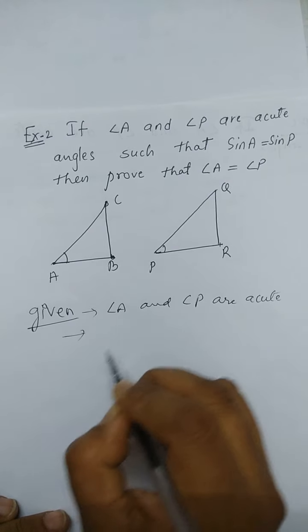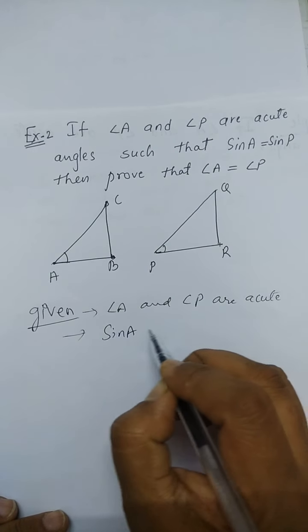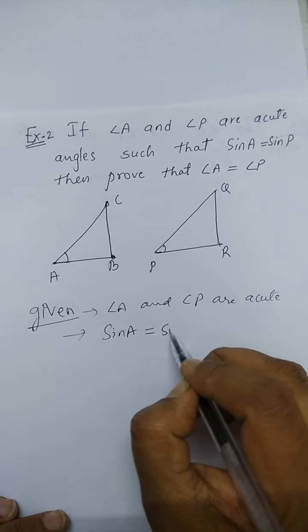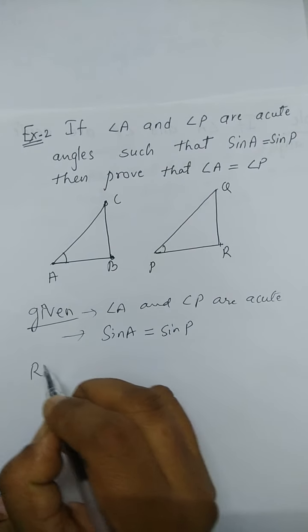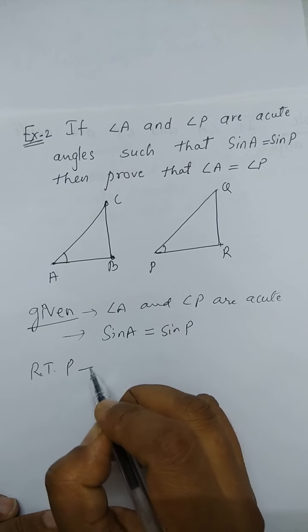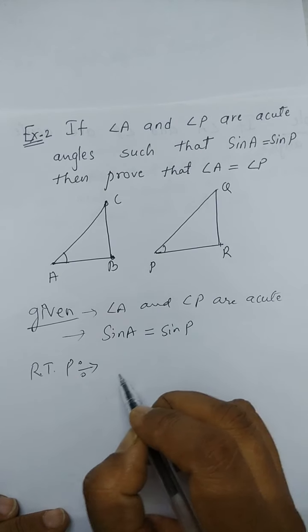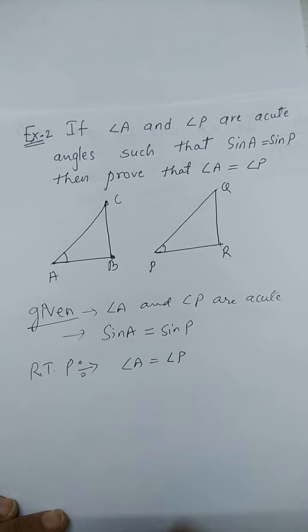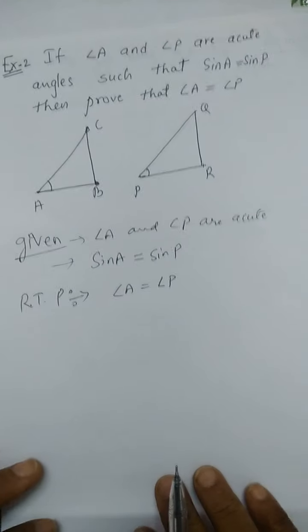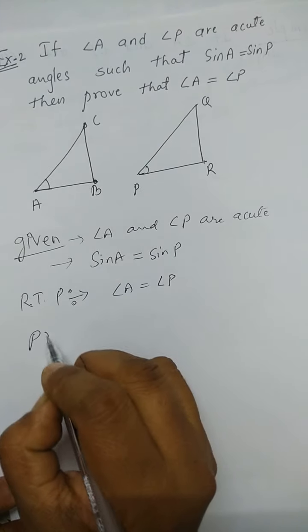The second condition given is sine A equals sine P. Now what do we have to prove? Required to prove: we have to prove that angle A equals angle P. Okay, so let us start the proof of this problem.